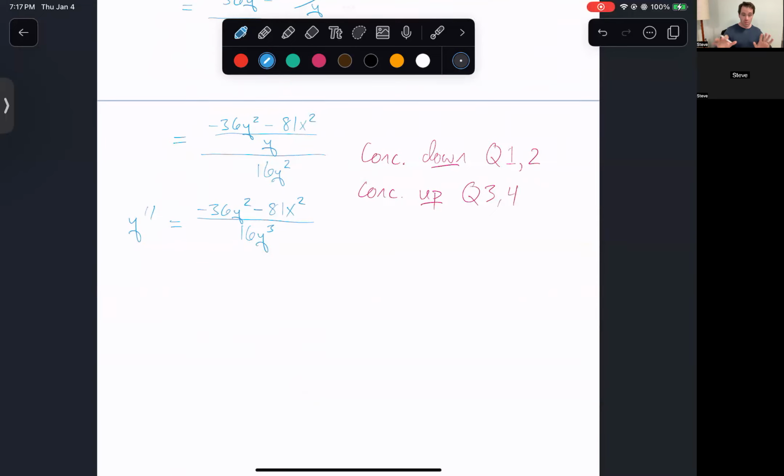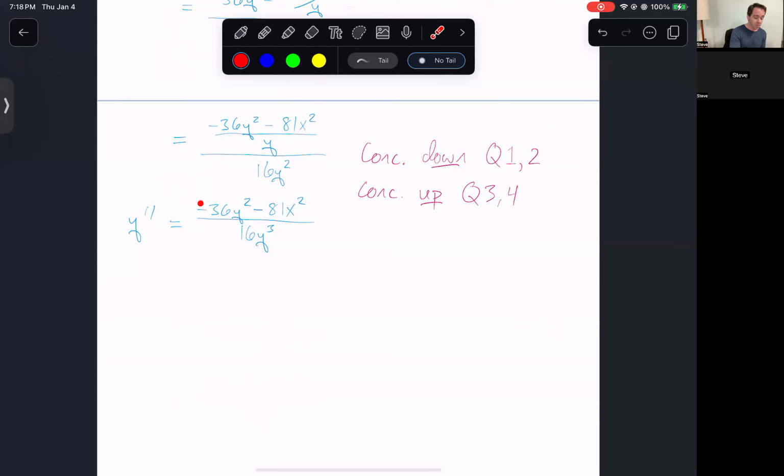We found it. Now we need to use it to determine the concavity. So look at the top of the fraction. The top is a square for the y and a square for the x. Now, pay attention closely. This y squared is always a positive number because a square is always positive. X squared is also always a positive number.